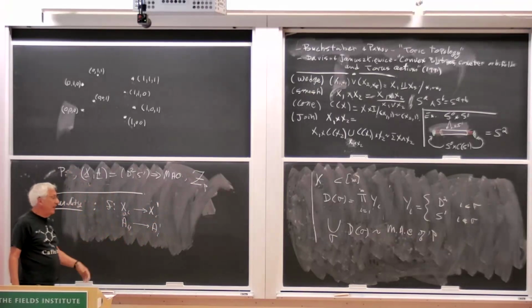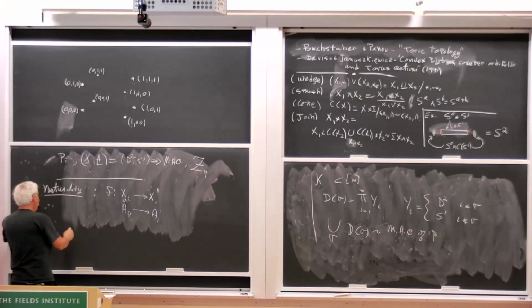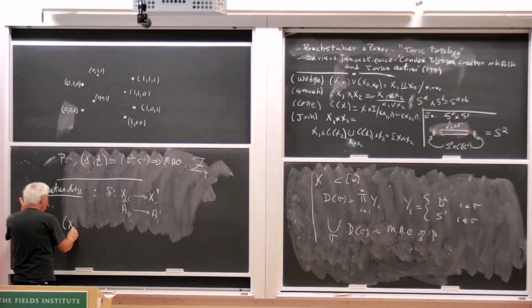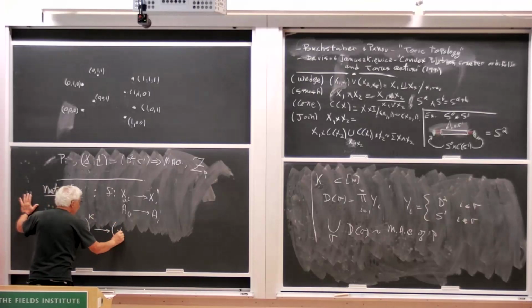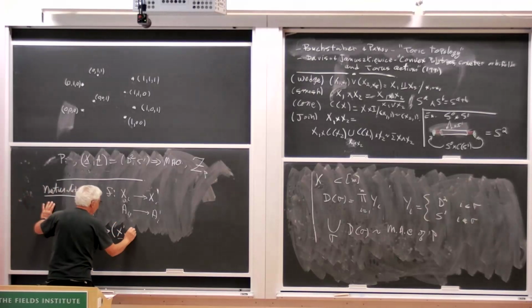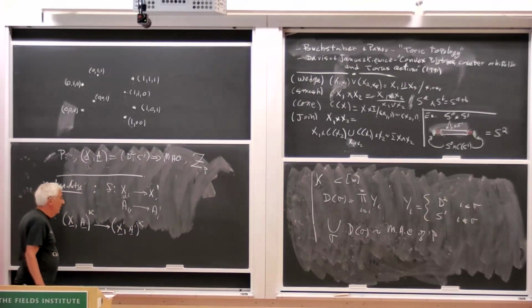So I have a map of pairs, then I don't think it's rocket science to see there's a very natural map, same K, there's a map induced.